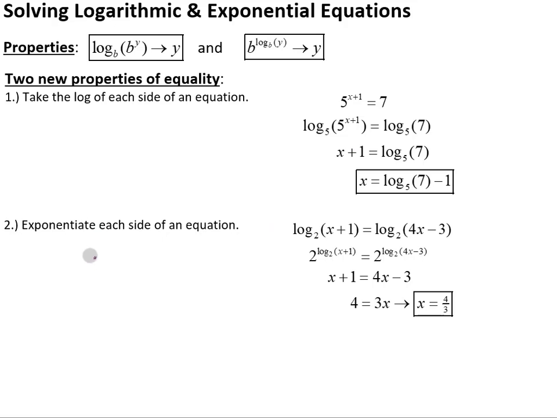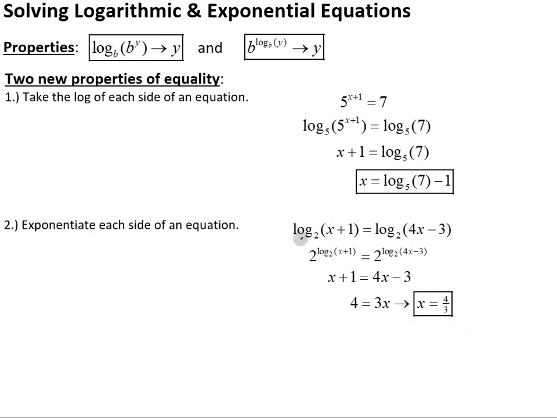Okay, the second thing we can do is a really weird looking one. It's called exponentiate each side of an equation. So let's say rather than solving this, which would be considered an exponential equation, because my unknown is an exponent, we are now solving what's called a log equation, because my unknown is inside of a logarithm in a couple places.